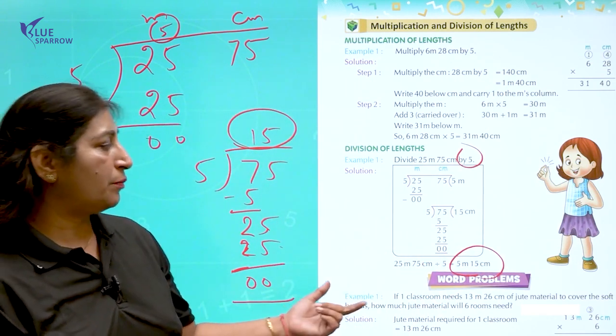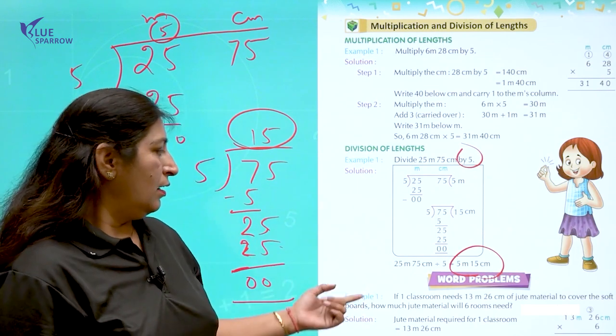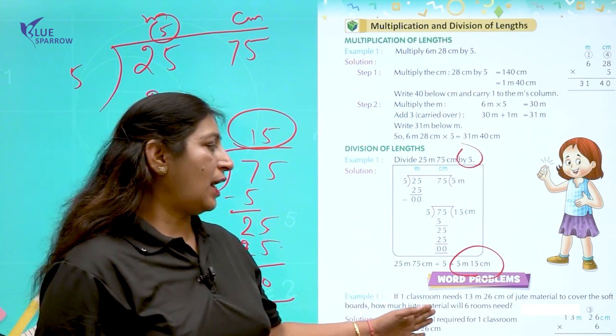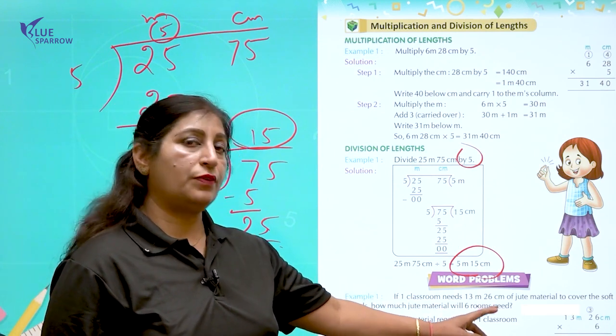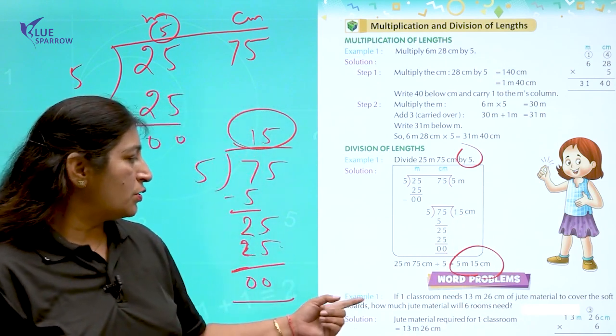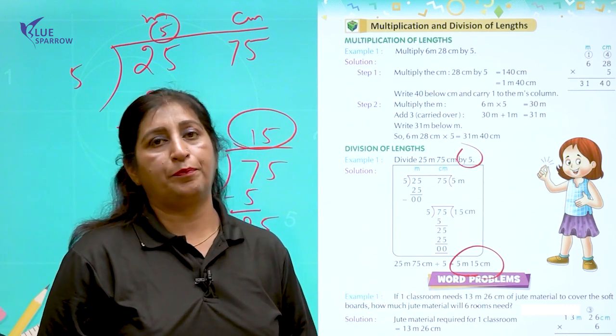Now, we move to the word problems based on multiplication and division of lengths. In example 1, the statement given is, if one classroom needs 13 meter 26 centimeter of jute material to cover the soft boards, how much jute material will 6 rooms need?